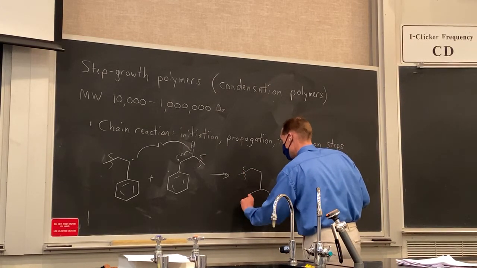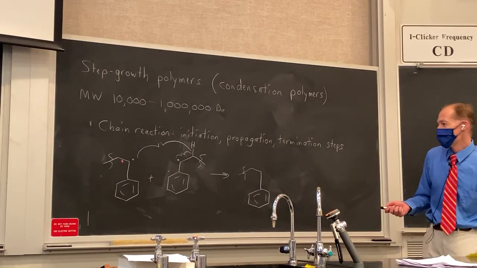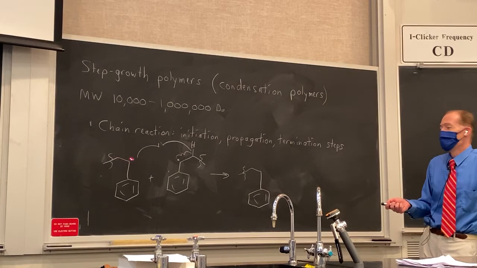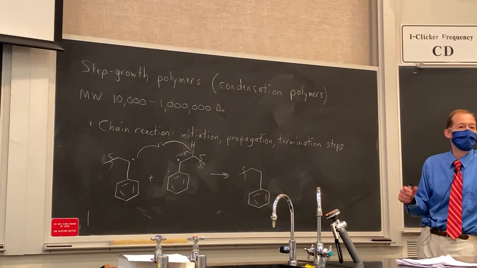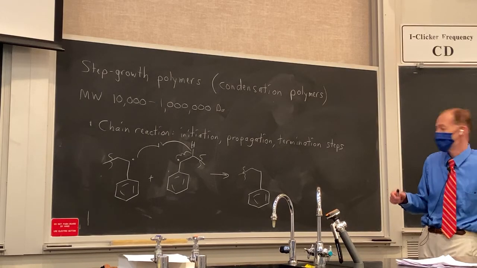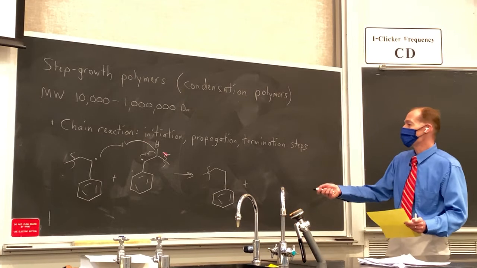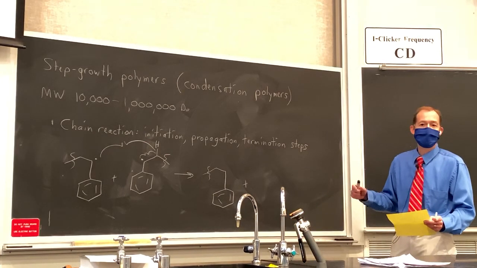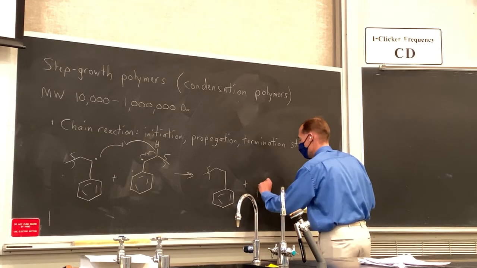And this is a disproportionation process because we've actually reduced this radical, because we've increased the number of carbon-hydrogen bonds. That's one of our definitions of reduction. And then we have oxidized this radical because we have reduced the number of carbon-hydrogen bonds.